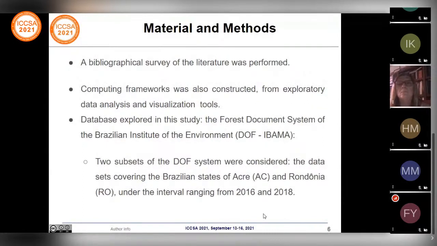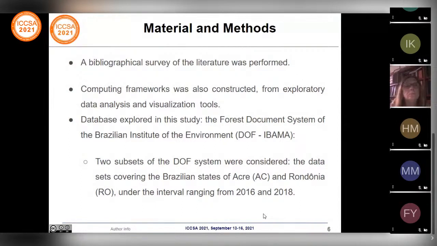A bibliography survey of literature was performed. A computing framework was also constructed from exploratory data analysis and visualization tools. Database explored in this study: the Forest Document System of the Brazilian Institute of Environment, DOF IBAMA.